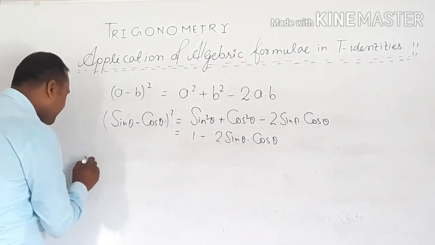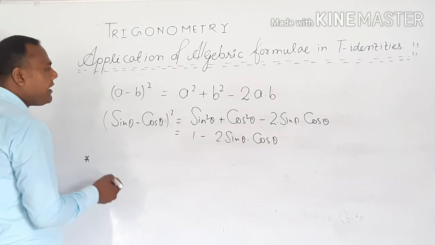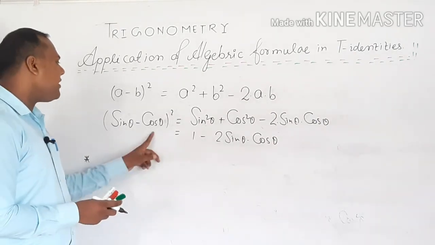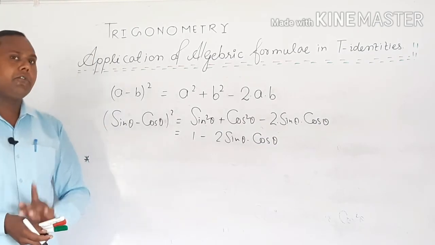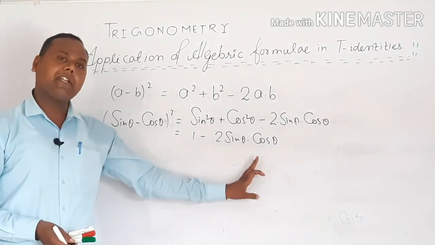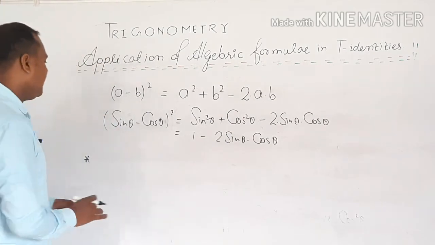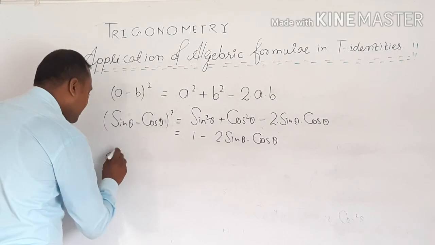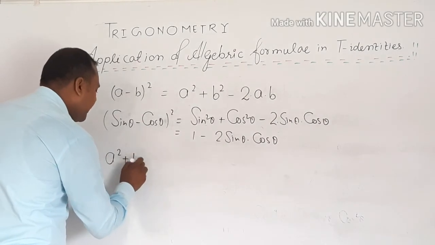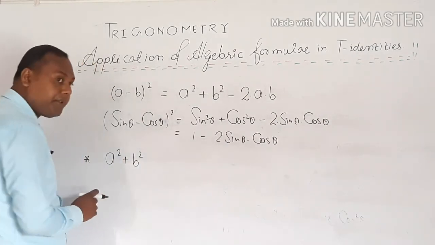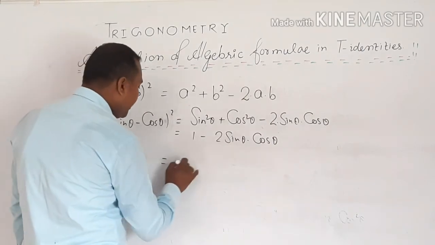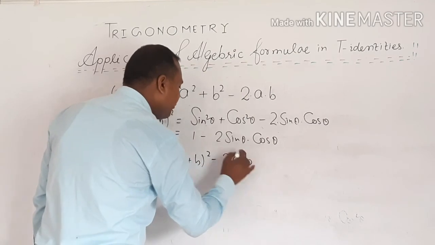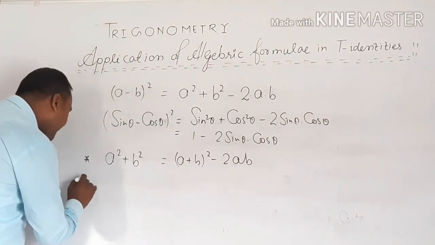The next one is, how can we memorize the formulae? Sine of theta minus cos of theta the whole square, that means 1 minus twice of sine theta into cos theta. Now we already know the a square plus b square formula. What is the meaning of a square plus b square formula? That means a plus b the whole square minus twice of ab.